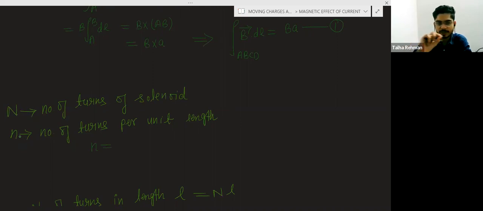Small n is the number of turns per unit length of the solenoid.